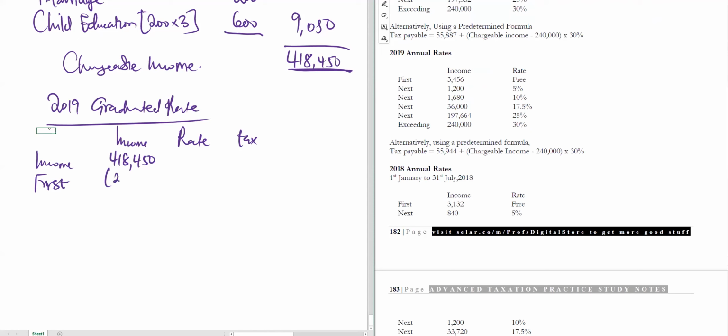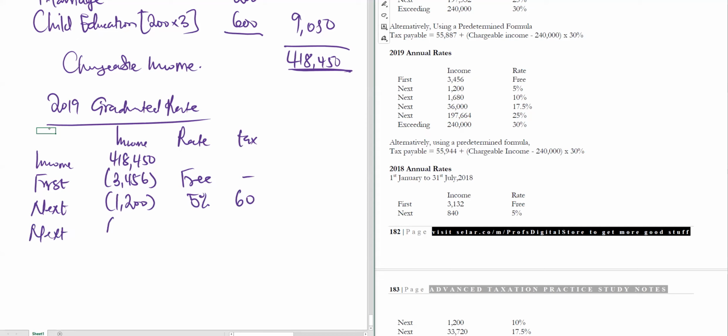Then we take the first 3,456 from it. The rate is nil, it's tax free. We take the next 1,200 out of this money, then we tax it at 5%, and that gives us 60.